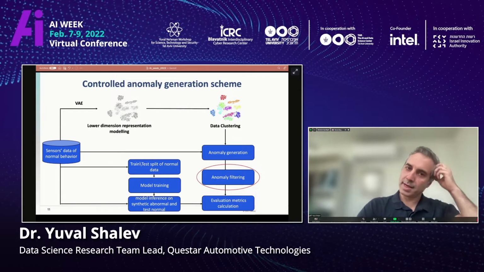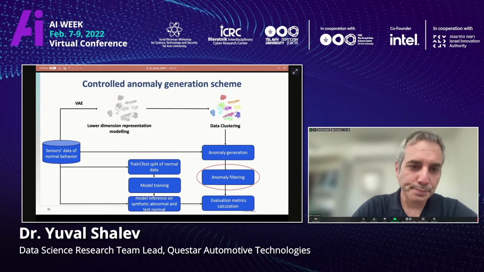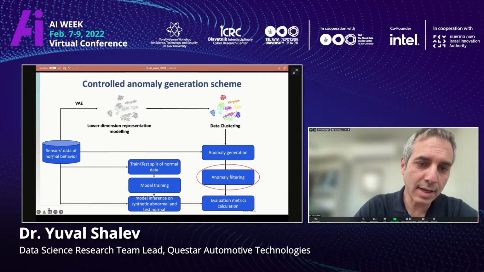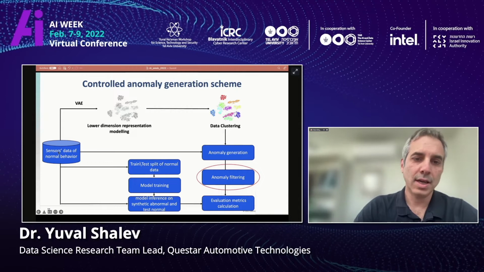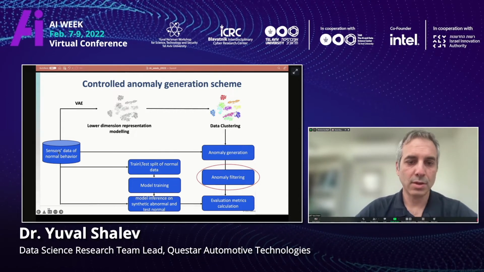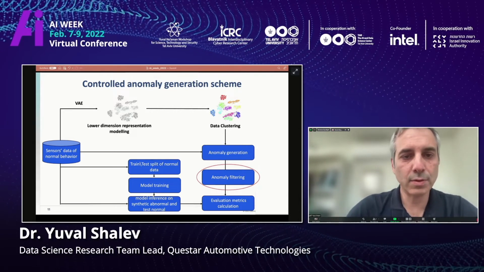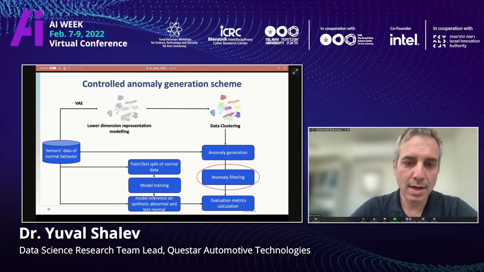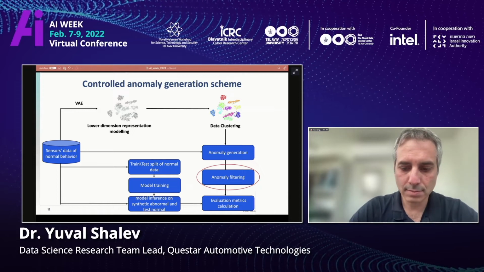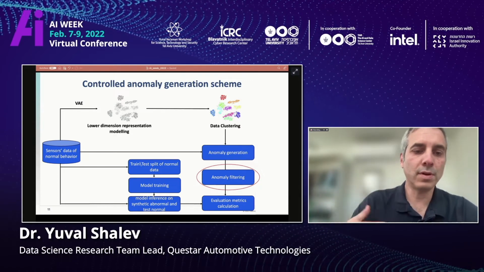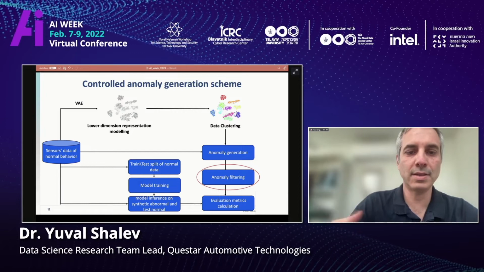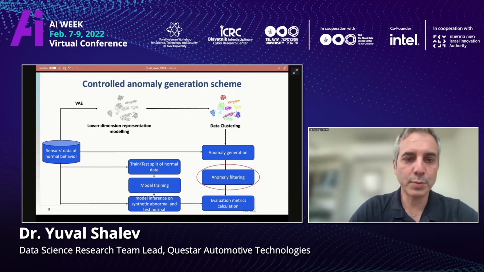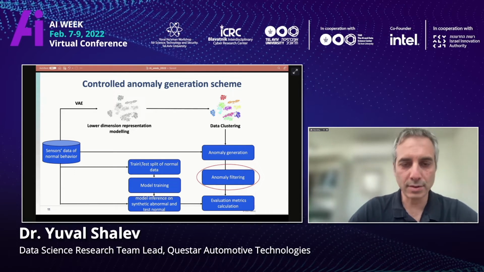So how does the scheme look? We have the sensor data coming from the car. We have lots of them, many time series coming from what is called a CAN bus, which is a protocol for obtaining the data from several computer units that are spread around the engine.